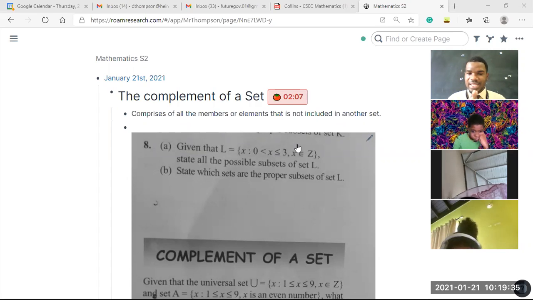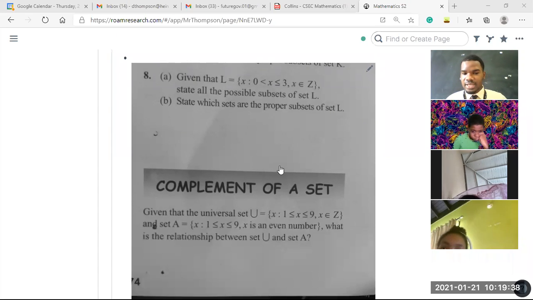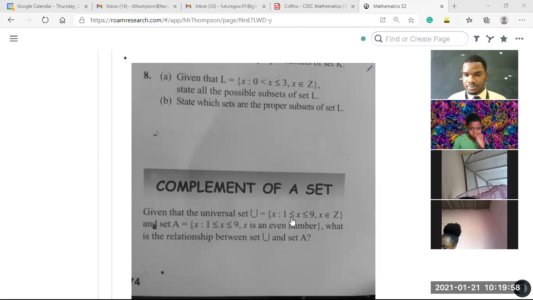So I'm explaining the English way of saying this math statement. The universal set is the set of X such that 1 is less than or equal to X is less than or equal to 9, and X is an element of Z. And then set A is the set of X such that 1 is less than or equal to X and X is less than or equal to 9, X is an even number.